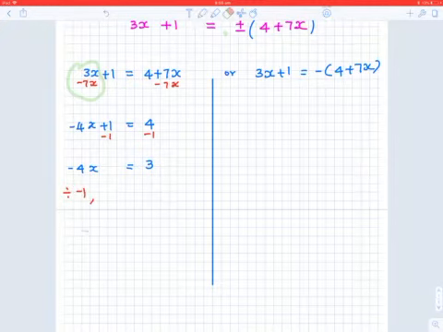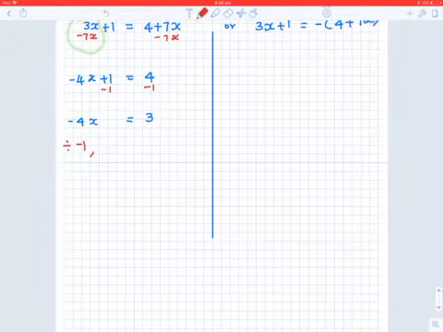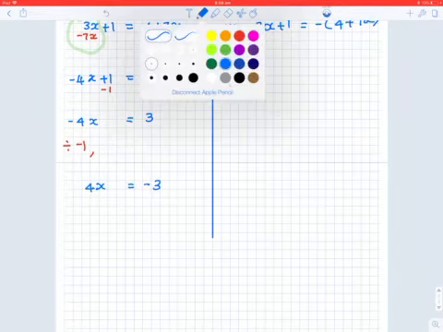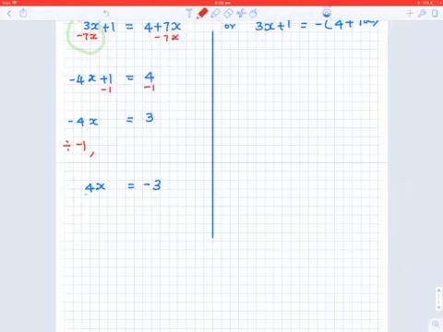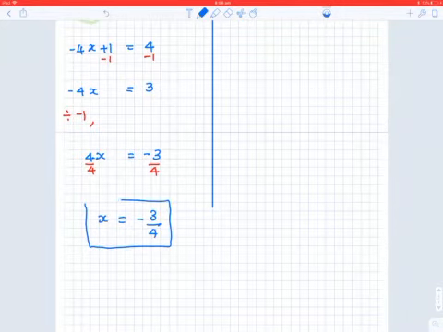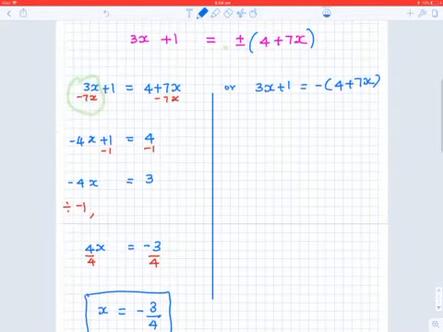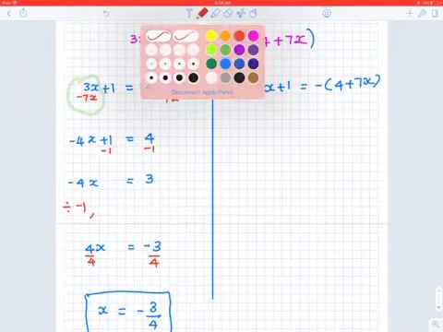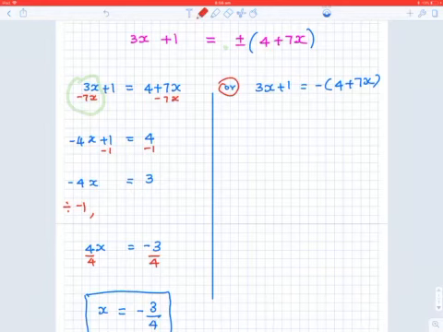If I divide by negative 1, the question becomes 4x equals negative 3, and then divide by 4 on both sides gives you x equals negative 3/4. Okay, this is my first answer, one of the answers for the equation.